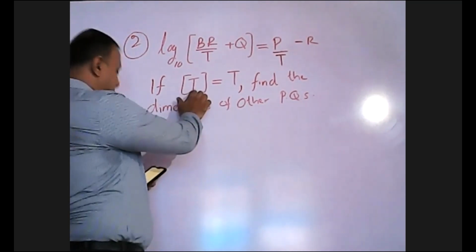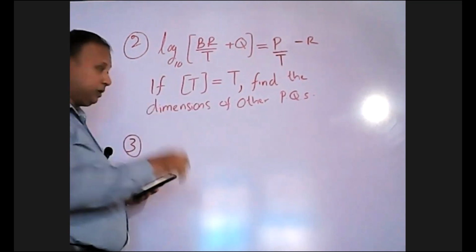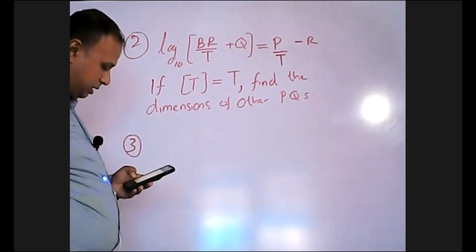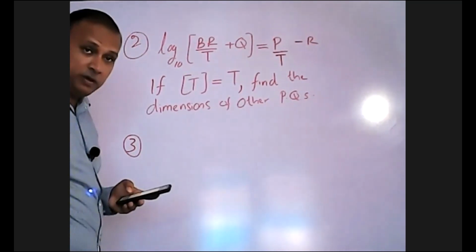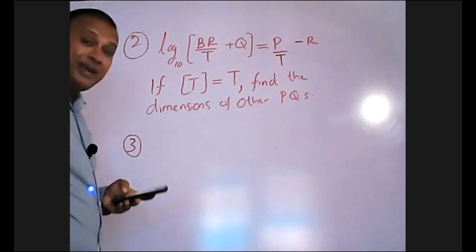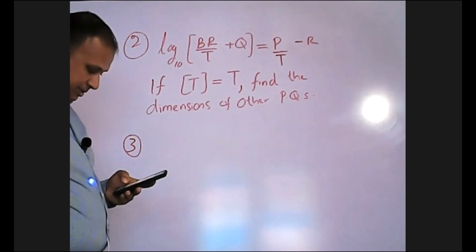If the dimension of T is equal to, don't write T equal to, dimension of T is equal to. Now you can apply the dimension of T. Your arguments are correct. You can apply the dimension of T and get the answers.